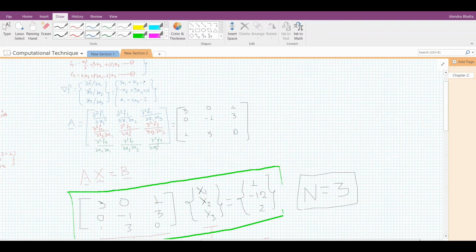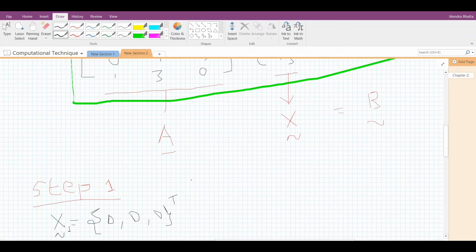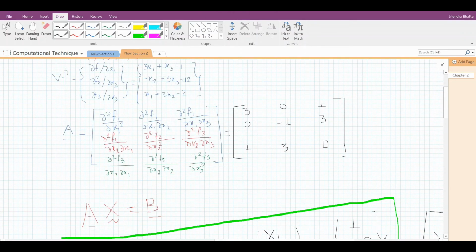You get minus 1 plus 12 and minus 2 here, right? Your m1 will be equal to negative of gradient of f1. We have to substitute 0, 0, 0 here to obtain our gradients.